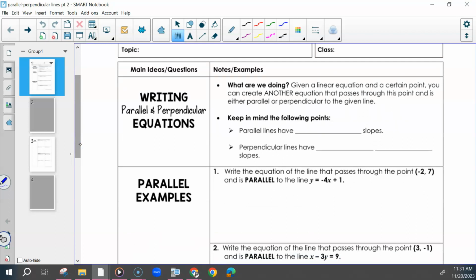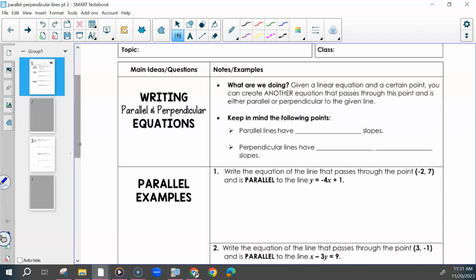You're going to be given an equation and a point. And this is going to be very similar to when we were writing equations through a point and a slope, or 2 points. But we'll be given an equation, we'll be given a point, and we have to come up with another equation that is parallel or perpendicular to the original one that goes through that point. So, that's what this is really saying.